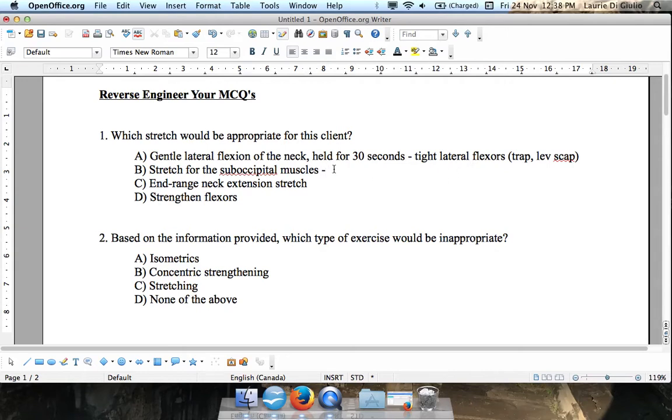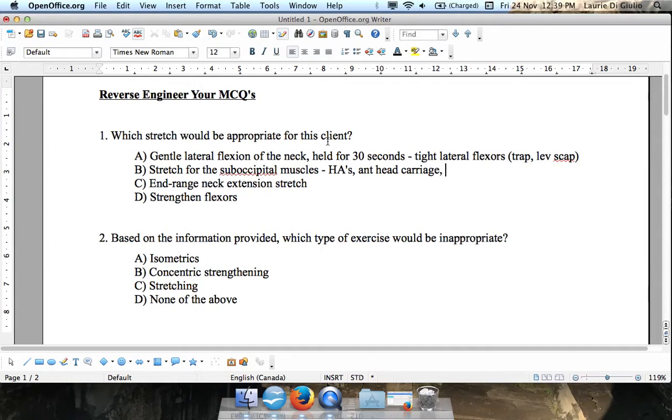Why might you stretch the suboccipitals? You might stretch the suboccipitals because somebody gets headaches, often associated with headaches. You might stretch the suboccipitals because you have anterior head carriage. That also causes tight suboccipitals.